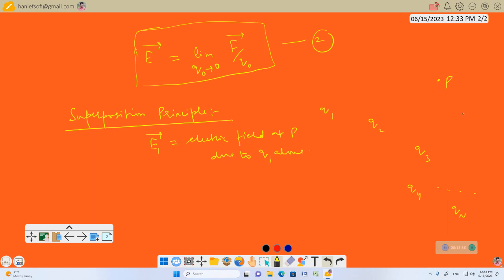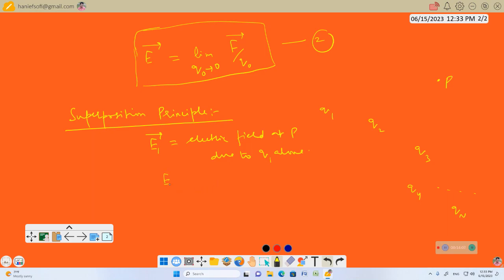That means you find electric field at point P due to just Q1 using that definition given by equation 1 or 2. You take a test charge, find the force, then divide that force by the test charge, and you get the field due to Q1. And when you find E1, that is the field due to Q1 at point P, you assume that other charges are absent. They are not there, right?